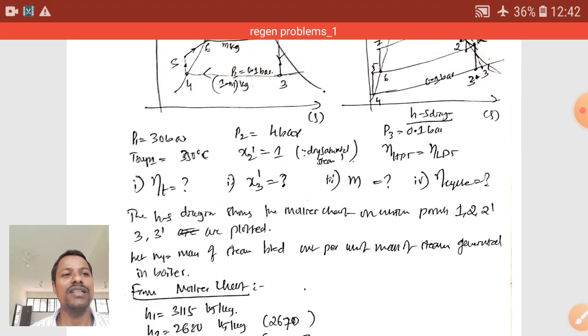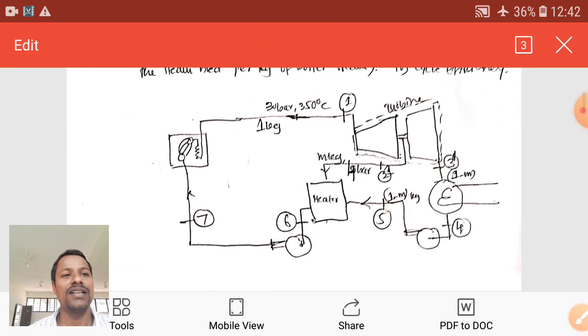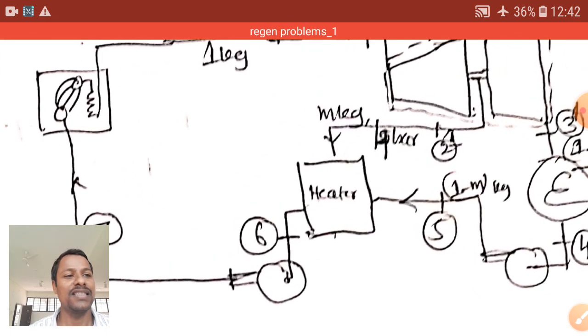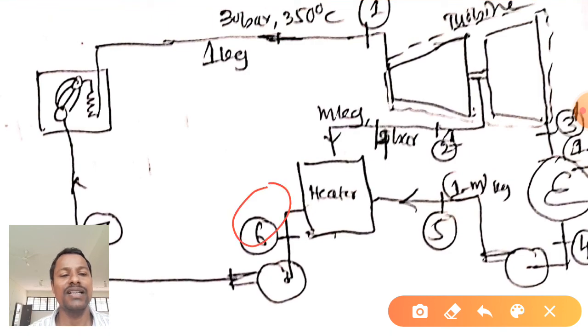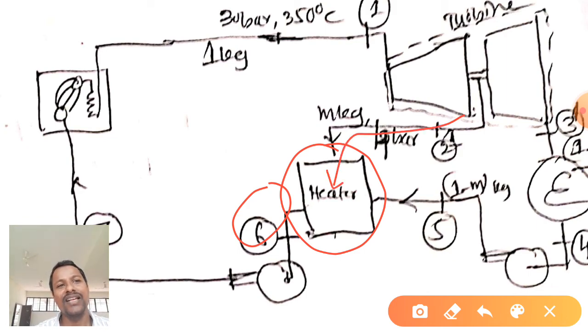So how is it 4 bar pressure? HF6, that is the enthalpy value at state 6, is nothing but the HF value at the operating pressure of the open feed water heater. What is the operating pressure of the feed water heater? It is the pressure of the steam which is entering the heater. That is how we refer the HF value for the sixth state.